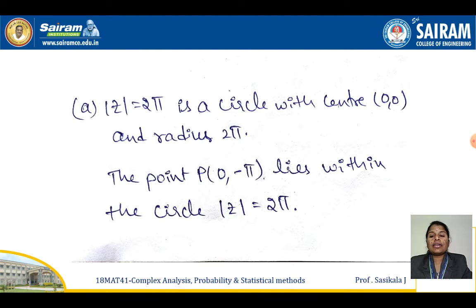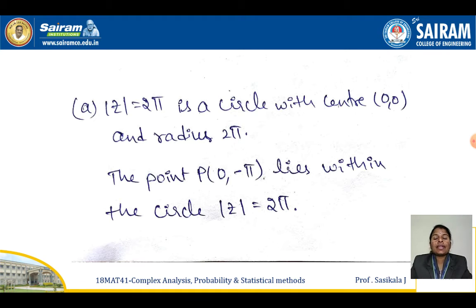What is the contour? |z| = 2π is a circle with center (0, 0) and radius 2π. As we already know, modulus of z defines a circle with that center and radius. Now, does the point (0, -π) lie inside the circle of radius 2π centered at the origin, or outside?